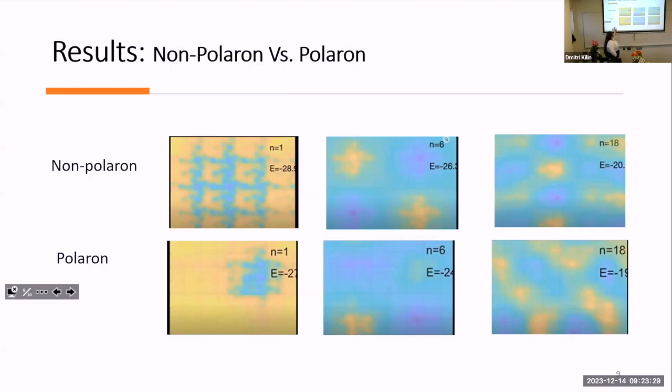As it goes up in eigenstate, they look more similar to one another until 18, and then at 19 and 20 you can't really tell which one is the non-Polaron and which is the Polaron without labeling it, because they look so similar.